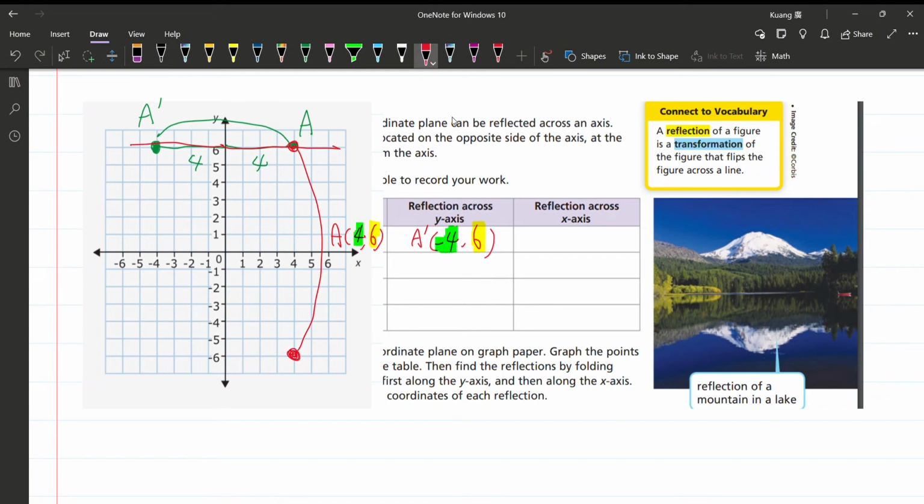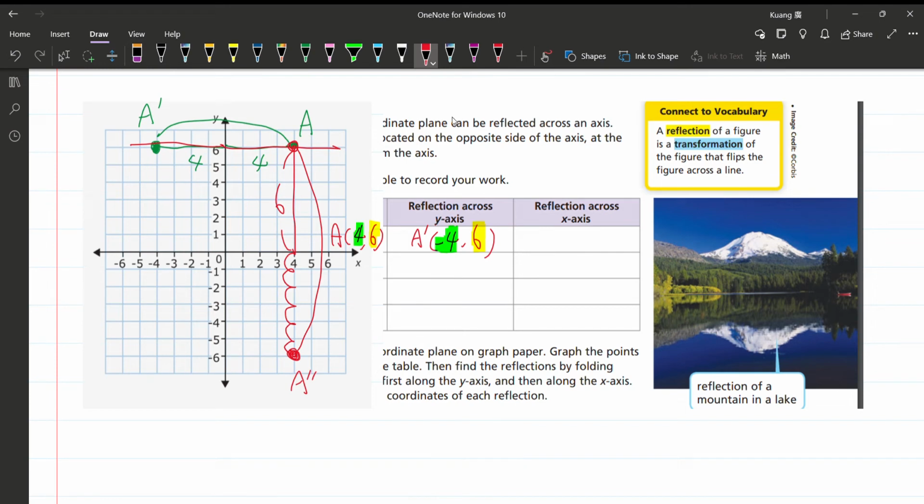The distance between A and the x-axis is 6. This point I call A prime. It is the reflection of A across the x-axis. The distance is still 6.